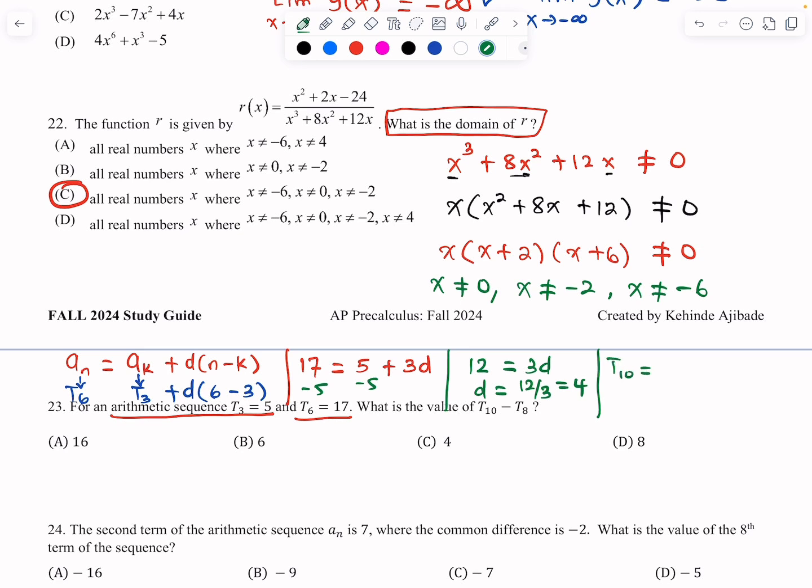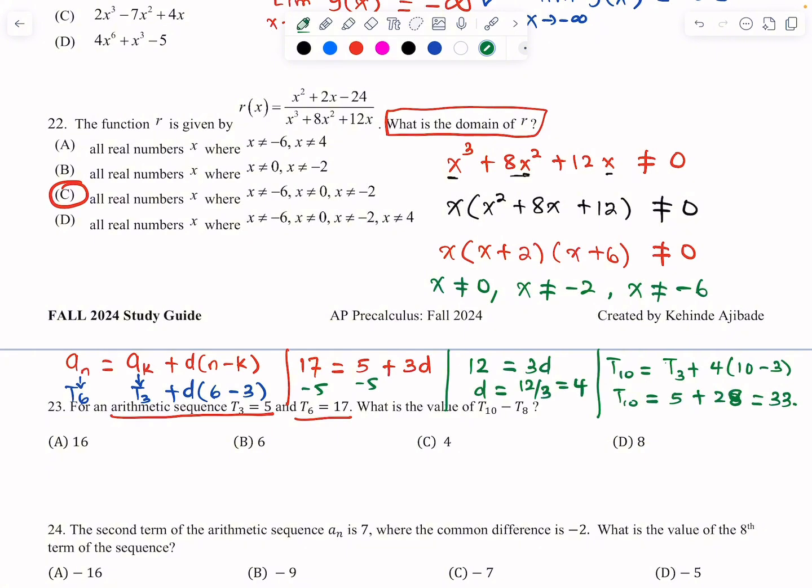So my T10 will be T3 plus my d, which is 4, times 10 minus 3. In this case, your T3 is, from that question, 5 plus, and then if you do the math right here, this one is going to be 28. And then once we have 28, what do you notice? This one is going to give you 33.